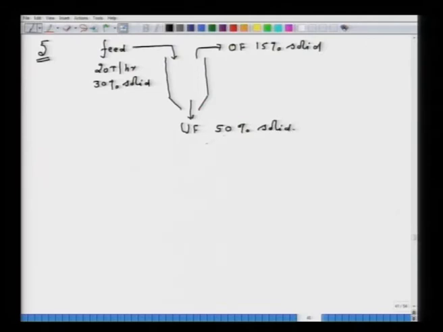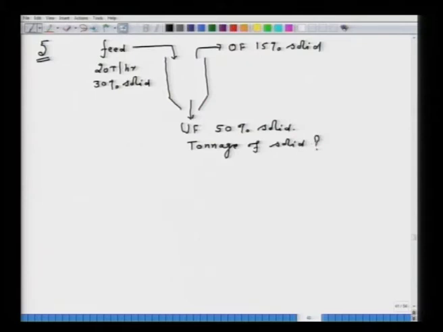So, if the feed enters at 20 tons per hour in the hydrocyclone, calculate the tonnage of solid per hour in underflow. Tonnage of solid requires to be calculated in the underflow.